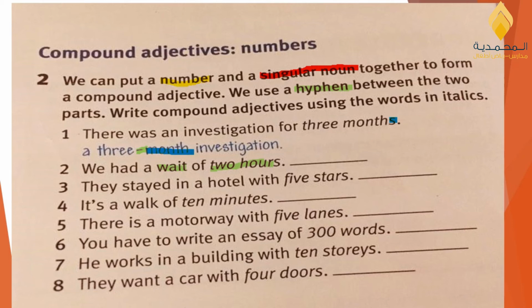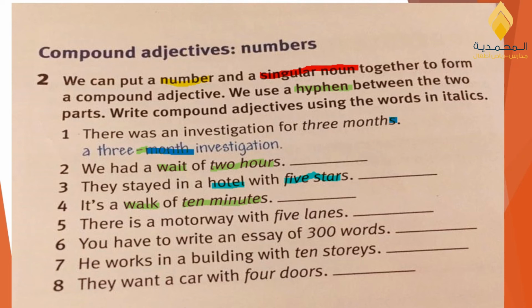Let's try number 3. They stayed in a hotel with 5 stars. So the hotel is going to be a 5, after that we have a hyphen, star, hotel. 4. It's a walk of 10 minutes. So it's going to be 10-minute walk. Don't forget the hyphen.